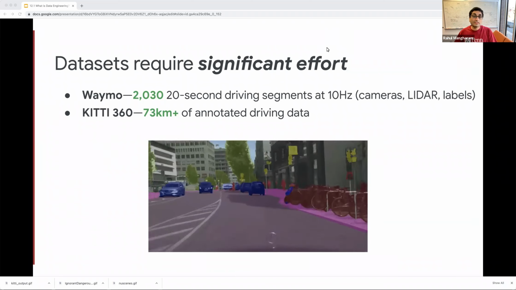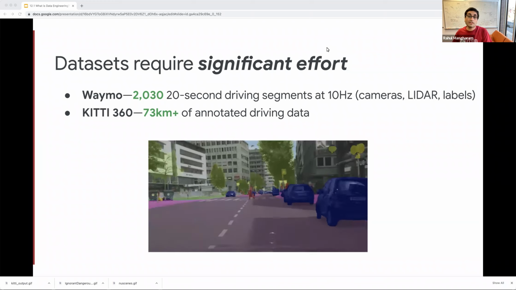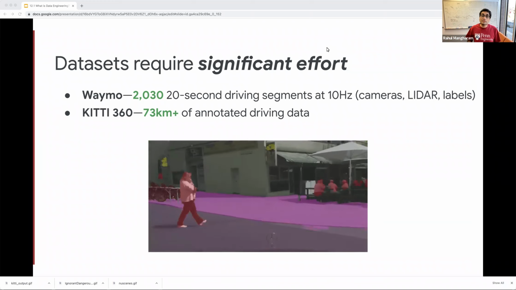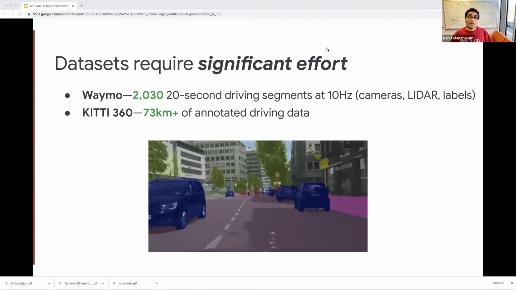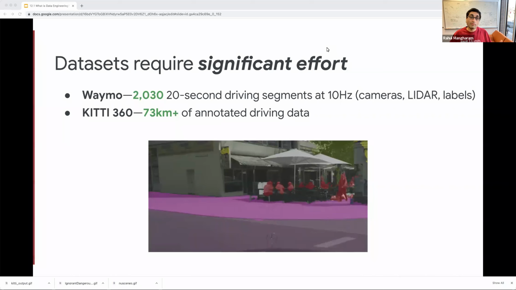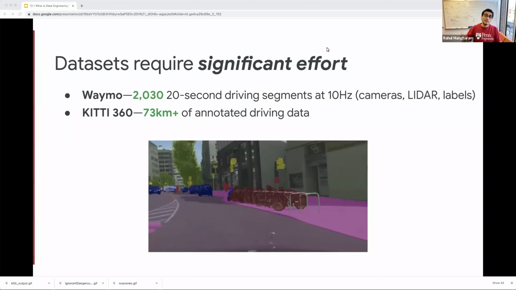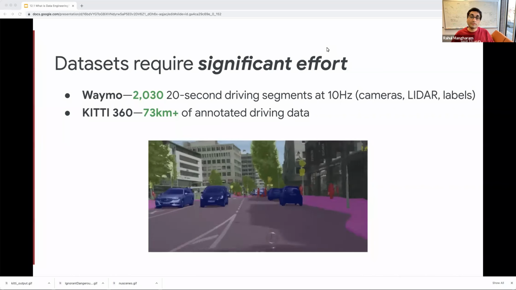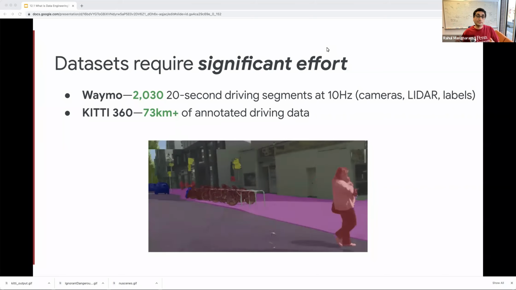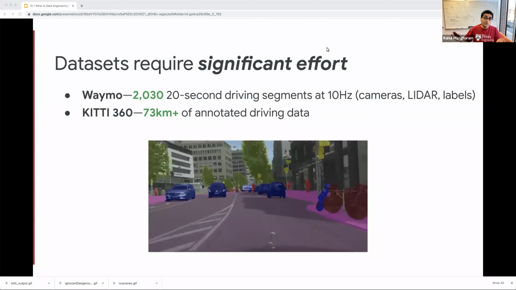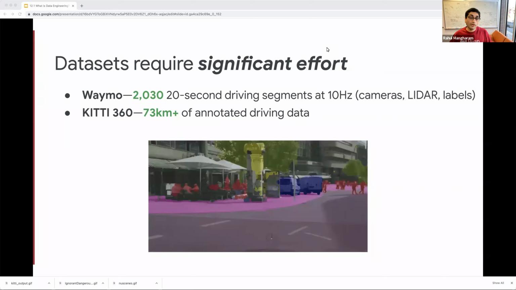That's every 20 seconds, like 200,000 frames of data in there. So it's a massive amount of data that we're talking about, right? You're actually getting inputs from 5 LiDARs, 5 cameras, 25 million 3D bounding box labels across 28 object classes, such as car, bus, bicycle, pedestrian, motorcyclist, bird, pole, and so on.